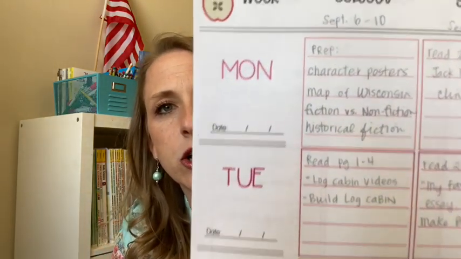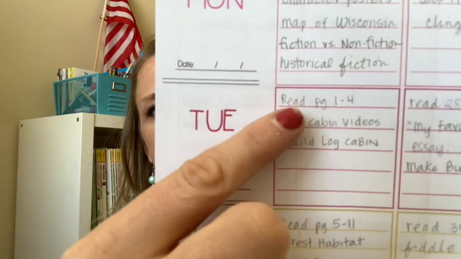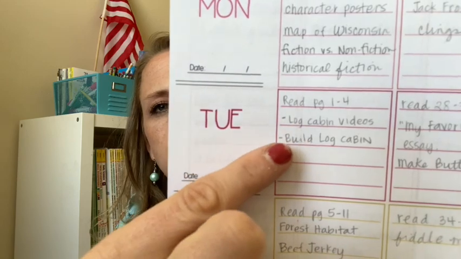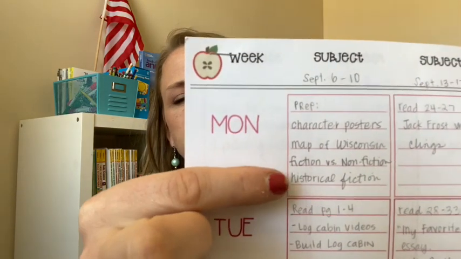And then on my little page here, the first day is a prep day. So then I would put read pages 1 through 4, and then these are the 2 activities that we're going to do that correlate with that reading activity. Let's backtrack one quick step. You'll notice that my first day is a preparation day. So we will not read any pages that day, or maybe it'll be 2 days, I don't know.